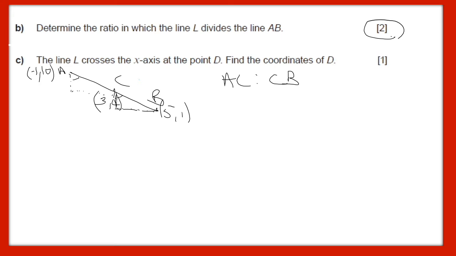These two triangles are going to be similar, therefore one will be a multiple of the other. So if I'm coming from minus 1 across to 3, clearly I'm going 4 across. If I'm going from 10 down to 6, I'm coming down 4.